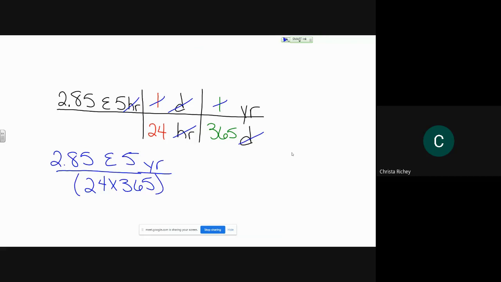This is good for you studying. It's 0.0341383061. The calculator spits this out. It keeps going and going and going. But it needs to be rounded and it has to have a unit.